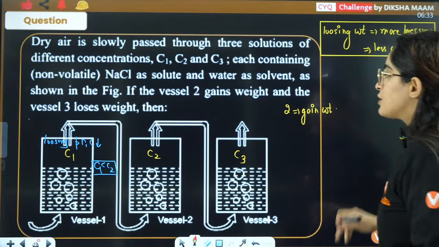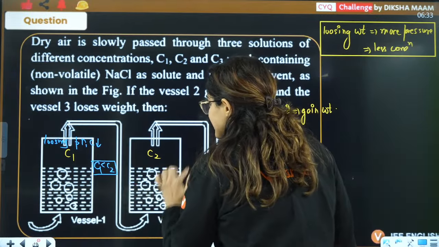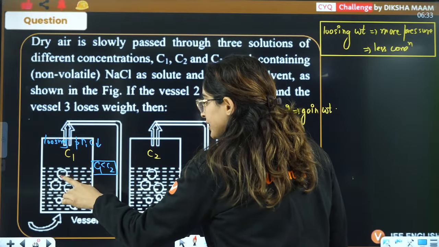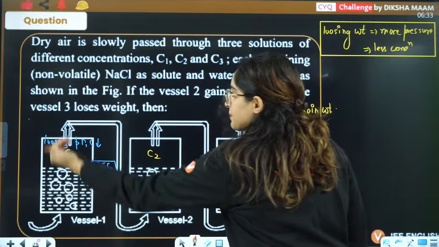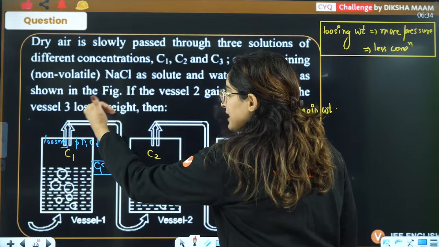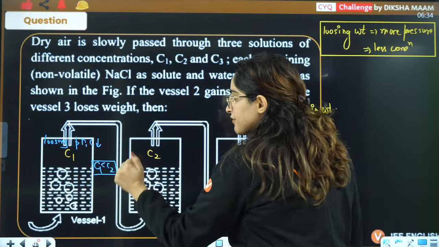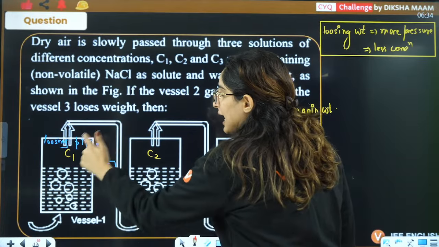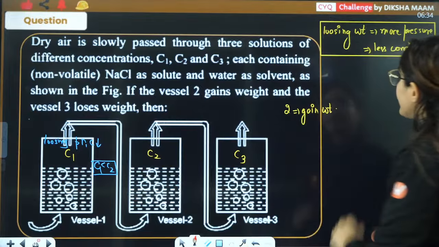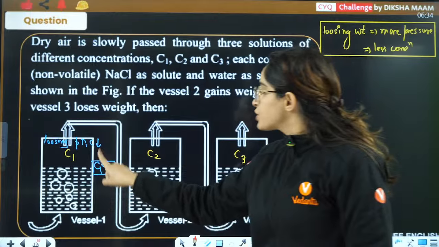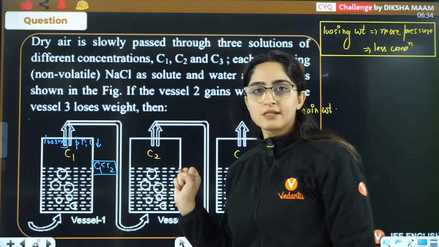If this is gaining weight, that means this will be losing weight, because the air is coming from this side to this side. If this is losing weight, pressure is high here, and pressure high means concentration is low here. So C1 has less concentration than C2.